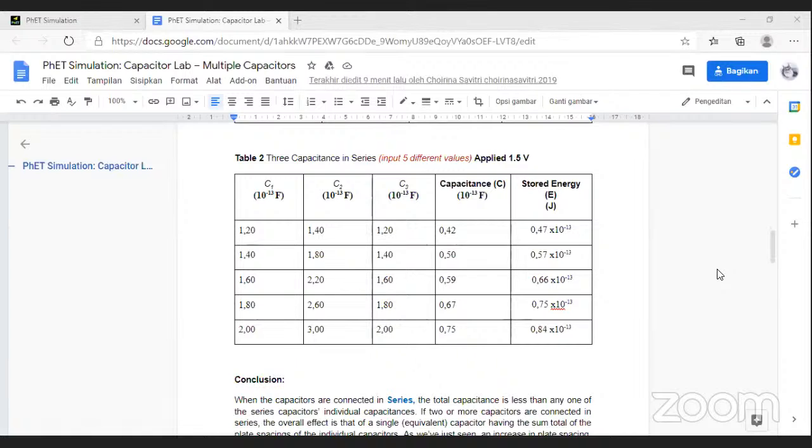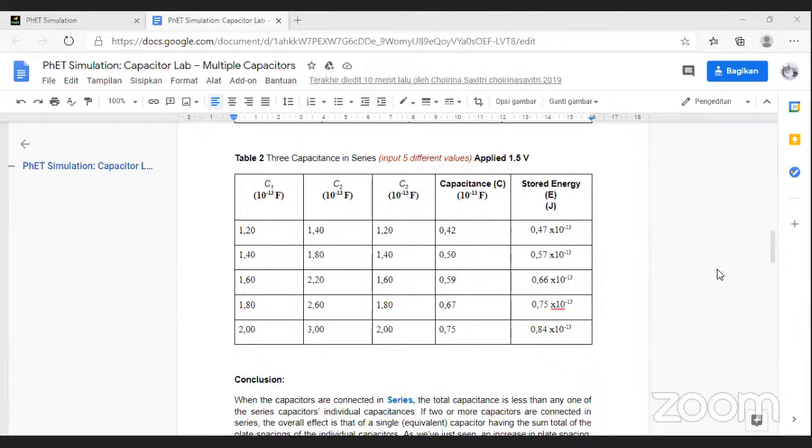In table 2, three capacitances in series with voltage 1.5 volt. Capacitance 1 is 1.20 times 10 to the power of minus 13 farad. Capacitance 2 is 1.40 times 10 to the power of minus 13 farad.